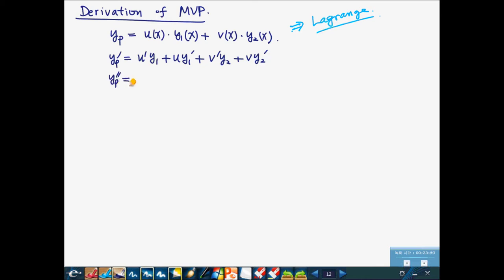YP double prime is U double prime Y1 plus U prime Y1 prime plus U prime Y1 prime plus U Y1 double prime plus V double prime Y2 plus V prime Y2 prime plus V prime Y2 prime plus V Y2 double prime.